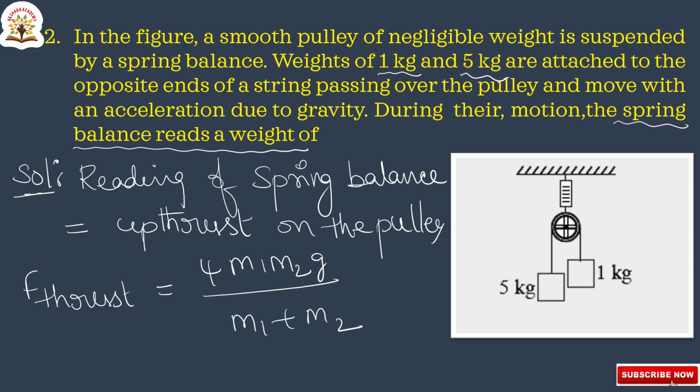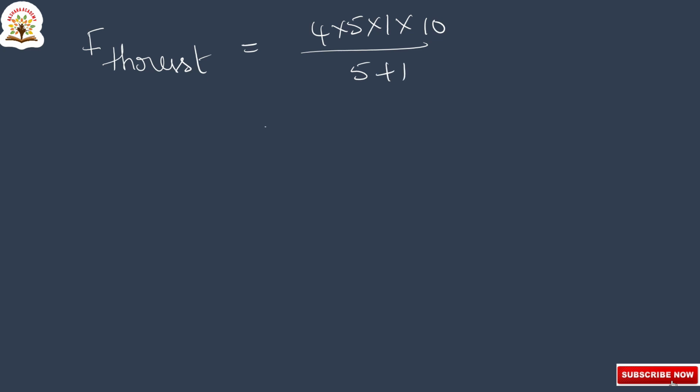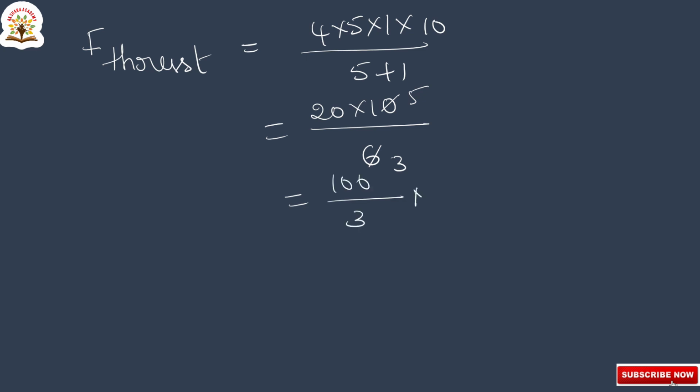Now substituting values, F thrust is equal to 4 into 5 into 1 into g (10) by (5 plus 1). 4 5s are 20, 20 into 10 by 6, so that is equal to 100 by 3 newtons.